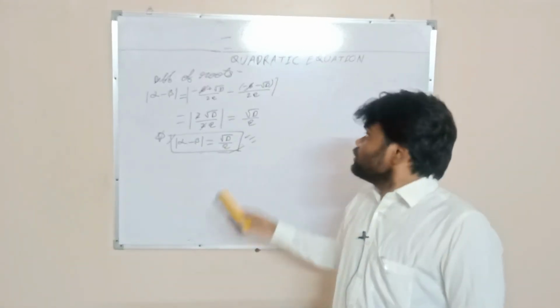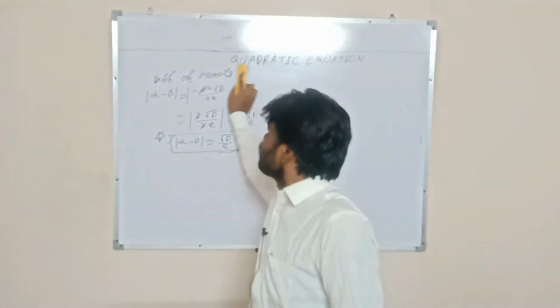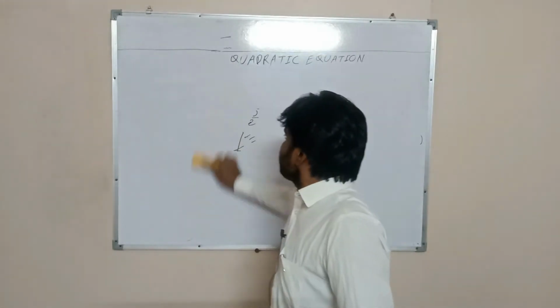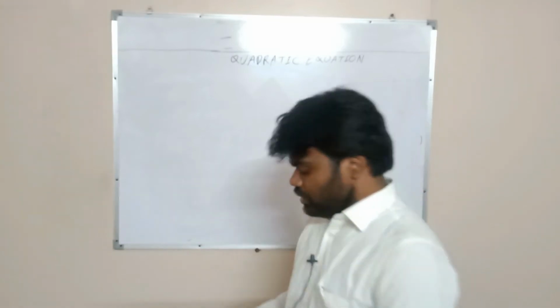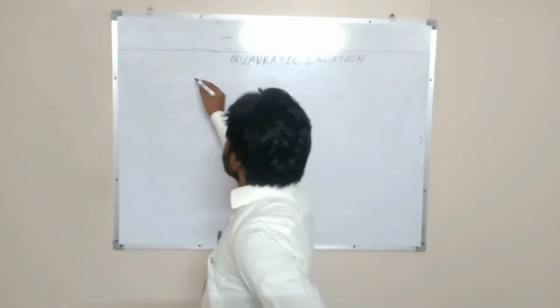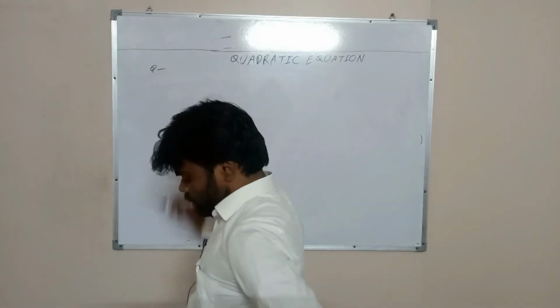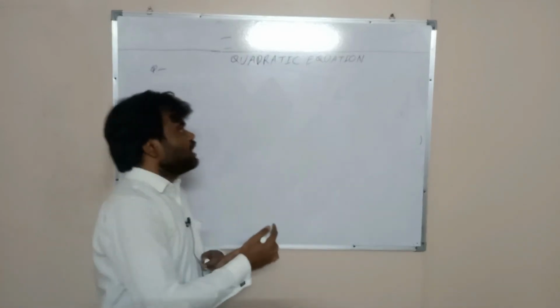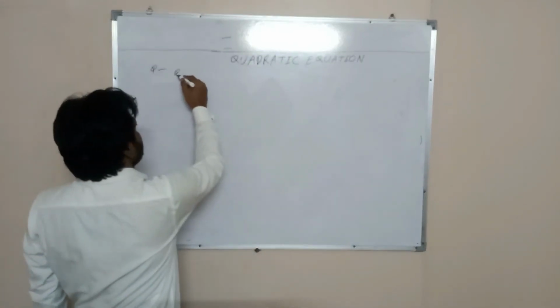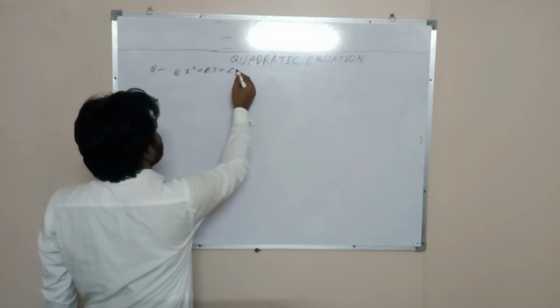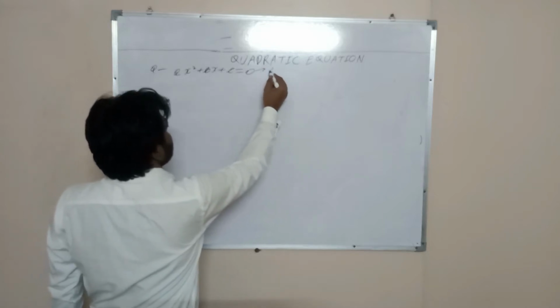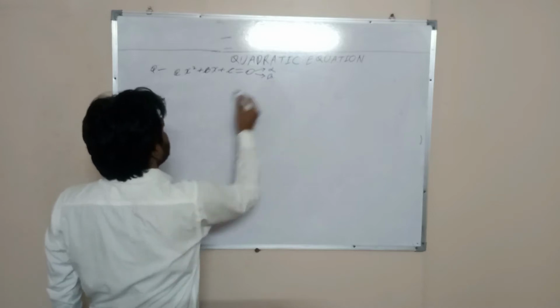I hope this is not very difficult. Now we are going to proceed with another question. The question is, we are given two quadratic equations, ax square plus bx plus c is equal to 0, whose roots are alpha and beta.